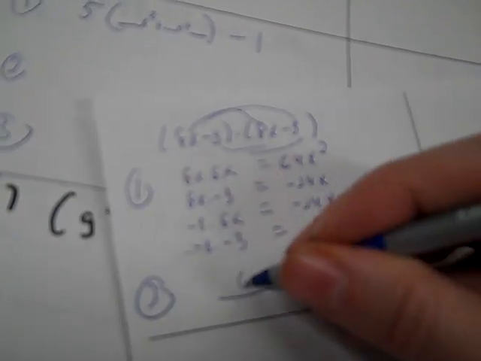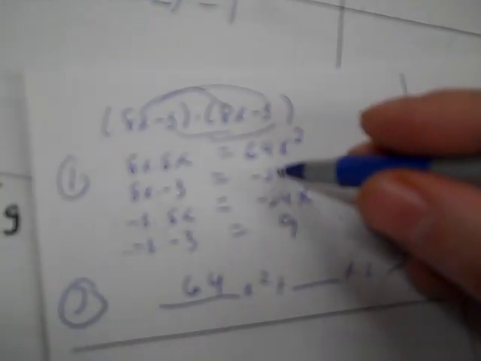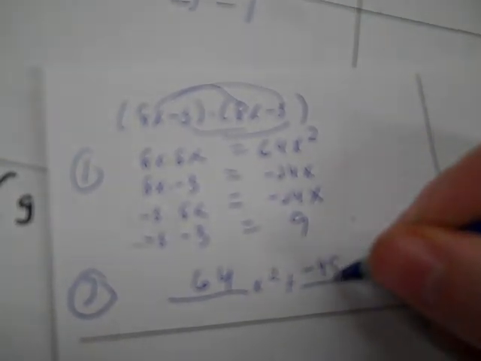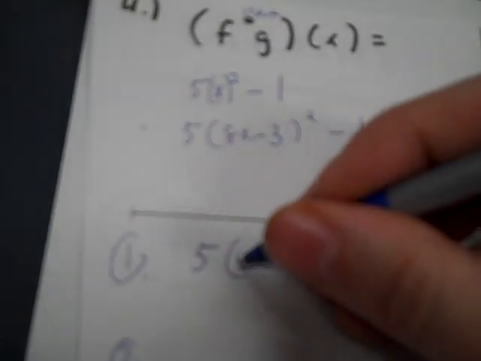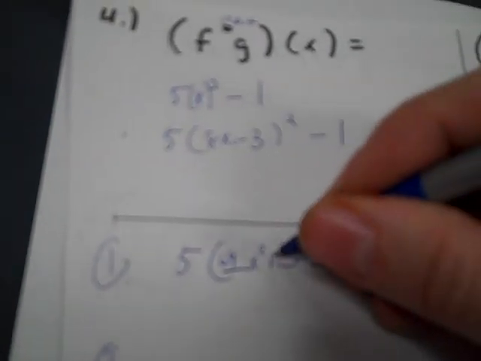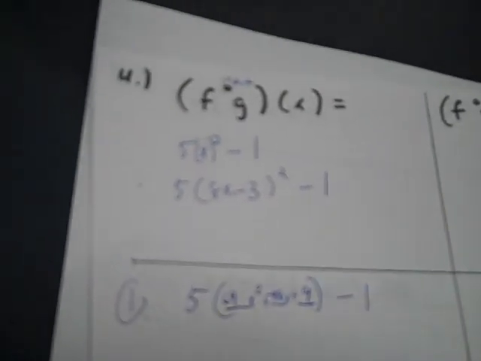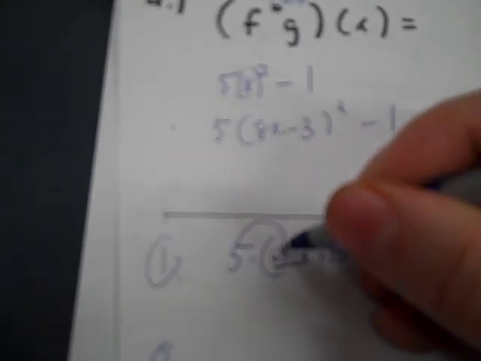I have 64x to the second powers. That would give me -48x's and 9. So now I can put 64, -48, and 9. Step 2 cannot be crossed out because I need to distribute the 5 to the trinomial. So 5 times 64.